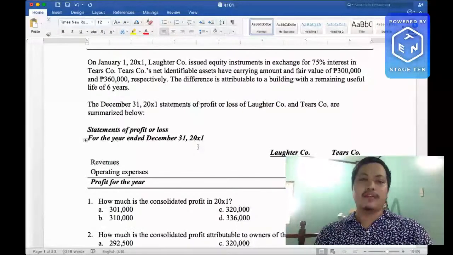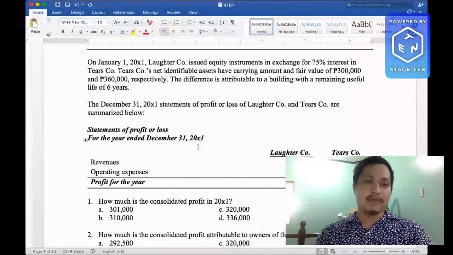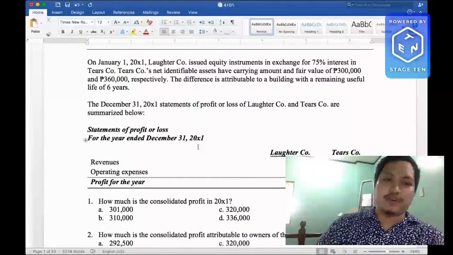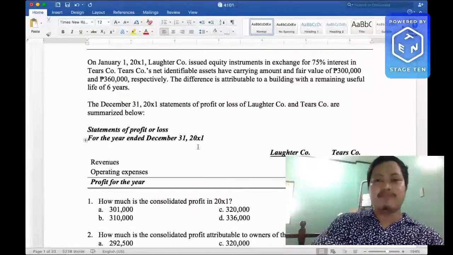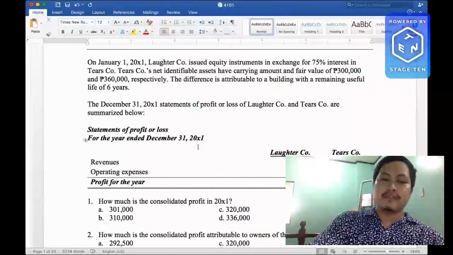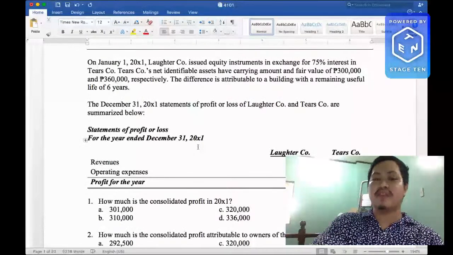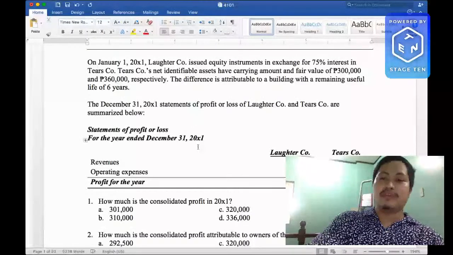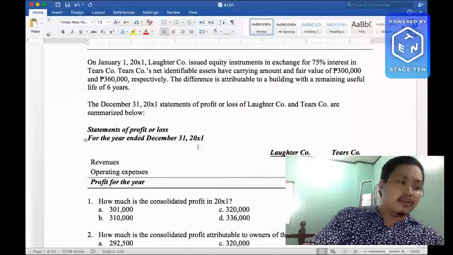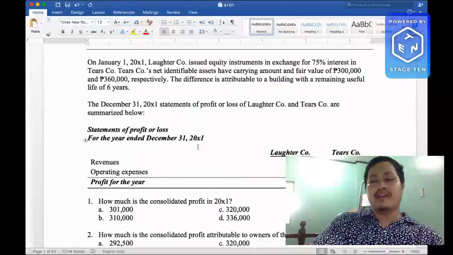Okay? So some would say, to simplify, without talking about the source of the adjustment, class, simply amortize the excess. Okay? But again, the source of the amortization here is really just the difference in the amount reported by the subsidiary and the amount that should be reported from the perspective of the consolidated entity.